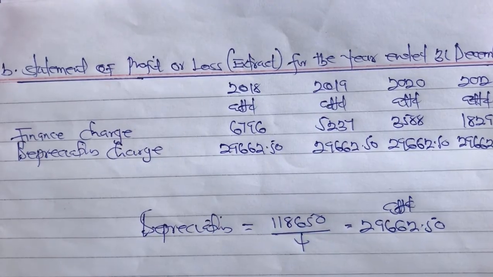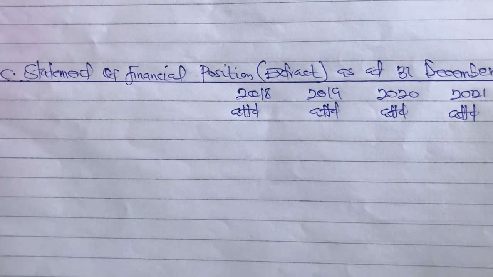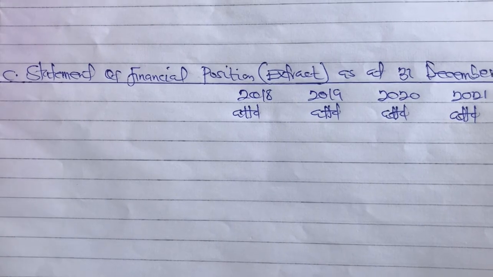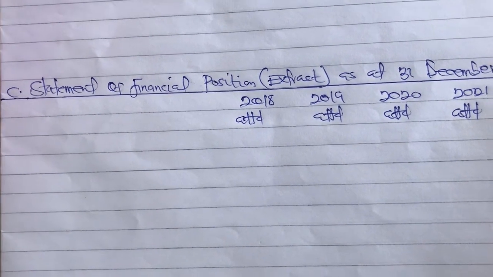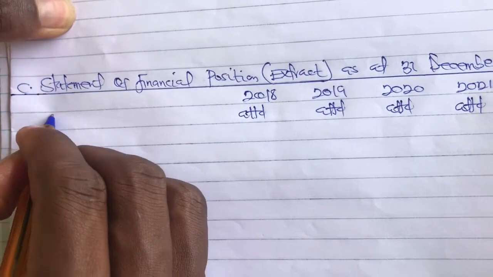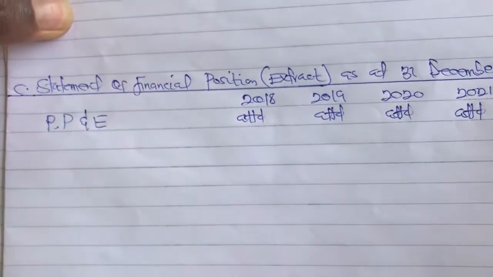Now we are going to move to requirement C, where we prepare the statement of financial position extract. The leasehold plant is under property, plant and equipment, that is PPE. Is that clear?